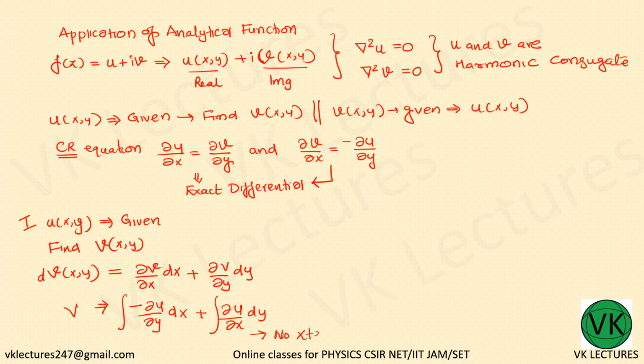Now in this dou u by dou x, there should not be any x terms, while for the first one y is considered as constant because you are integrating with respect to x. In the dou u by dou x, if there are x terms, for example dou u by dou x gives you y plus x square, then you need to take only y from here.